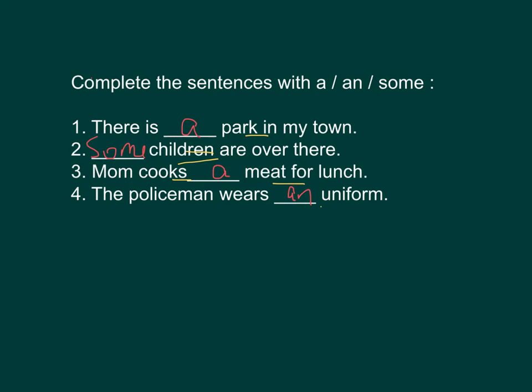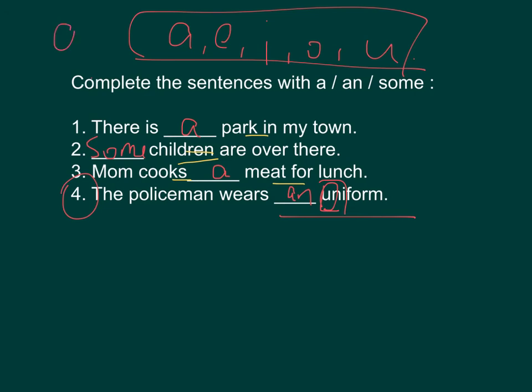So, do you think question 4 is correct? In previous slides, I've taught you when you see U, A-E-I-O-U, then you would use an, right? But now in question 4, the answer is a uniform. Do you know why?